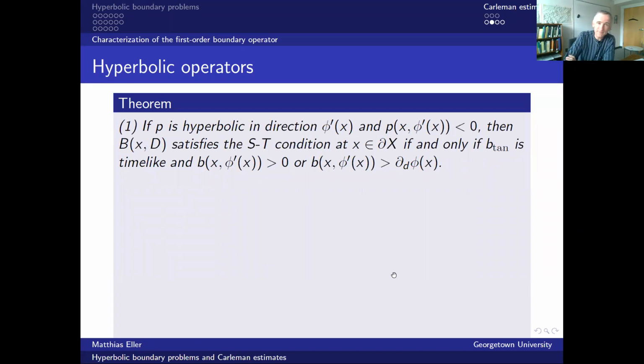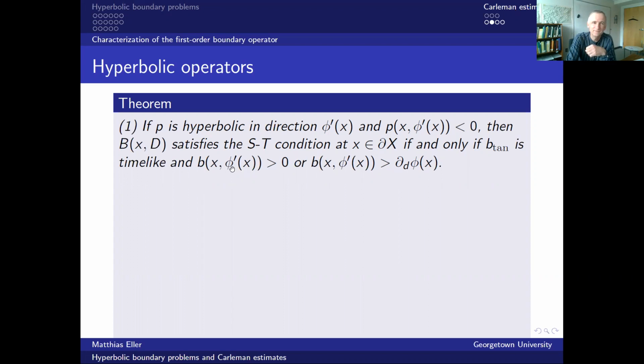Now, for hyperbolic operators, what can I say? The first statement here is essentially just the problem for the hyperbolic system, just that I don't use as my function phi what I use for the hyperbolic problem, negative t. I use something a little bit more general, but still basically a time-like vector field, phi prime.